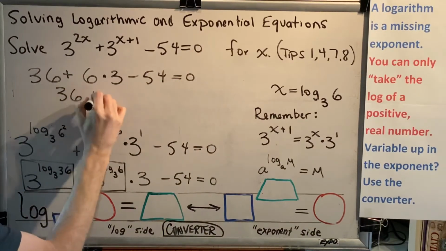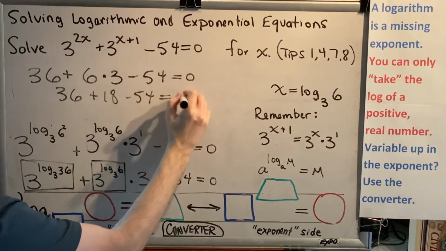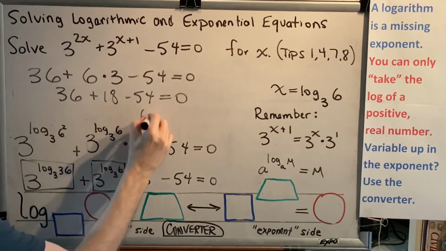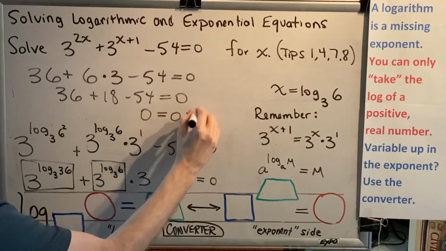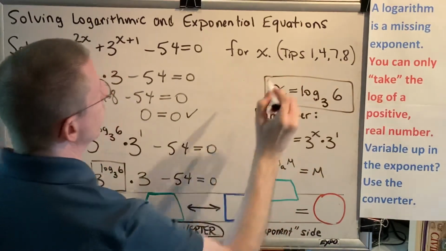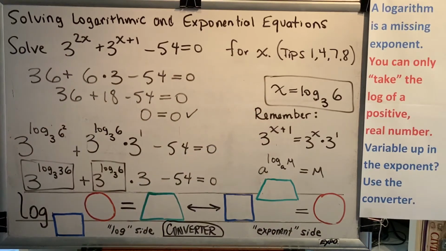So we get 36 plus 18 minus 54 equals 0. 36 plus 18 is 54. 54 minus 54 is 0, so we get 0 equals 0. The left side and the right side are equal, and that proves that our answer is correct. We have checked it. X really does equal log base 3 of 6.